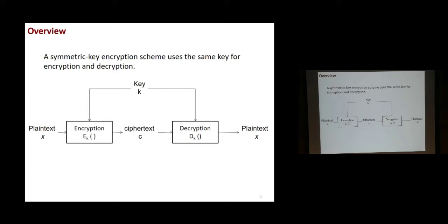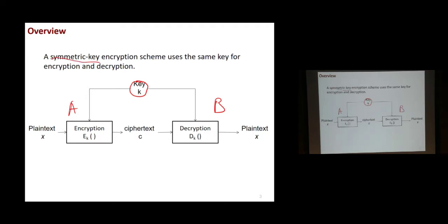In the symmetric key encryptions, somehow we assume that Alice and Bob somehow know this key, K. That means that there is a secure channel to send the K from A to B or B to A or the other way around. So the same key is used in the encryptions and decryptions. That's why it's called symmetric key.